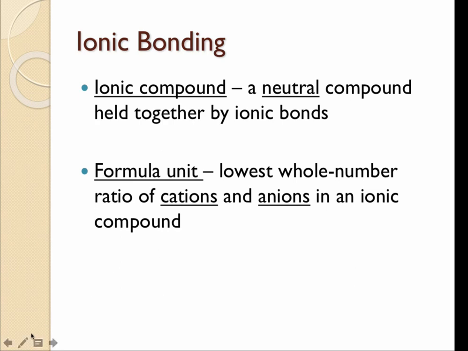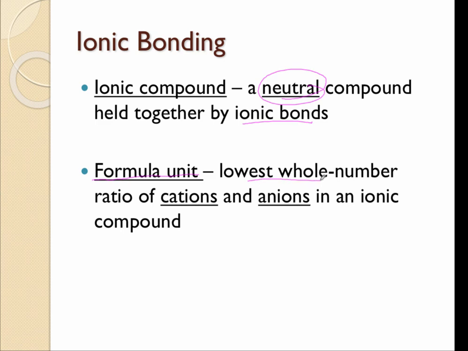So just to recap and to add maybe a new term, an ionic compound is a neutral compound held together by ionic bonds. Ionic bonds are the electrostatic attractive force between cations, made from metals, and anions, typically from nonmetals. We're going to introduce a term, formula unit.